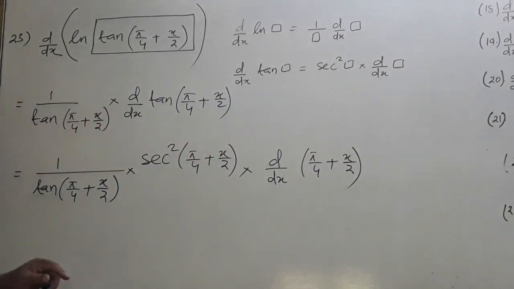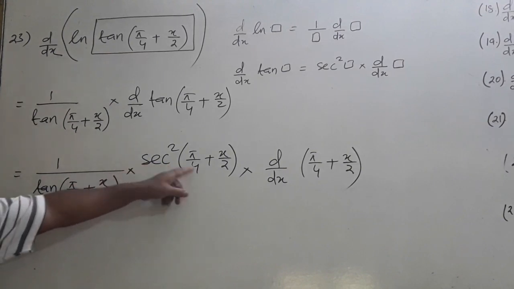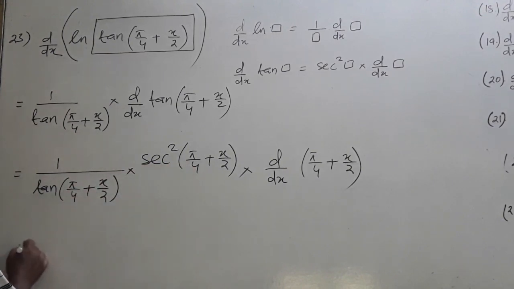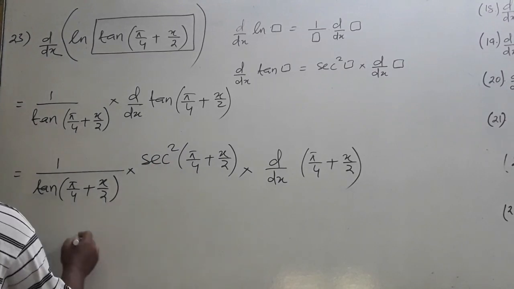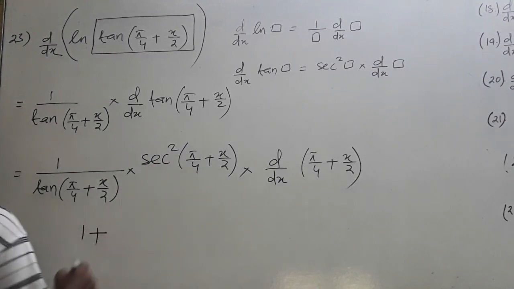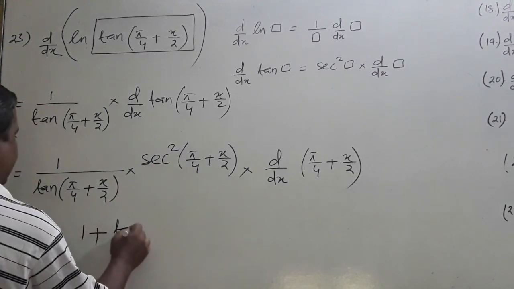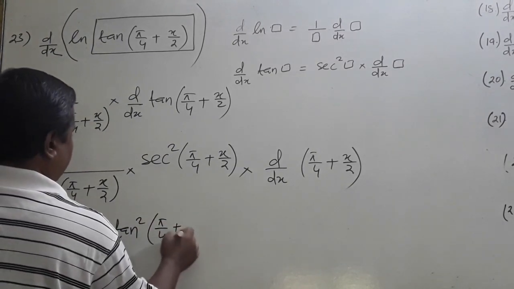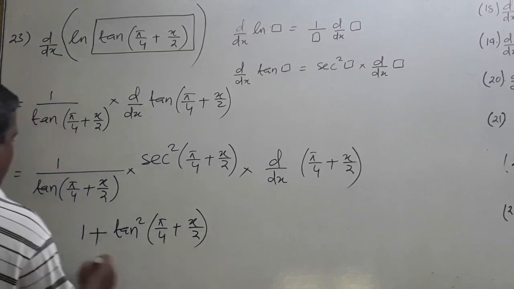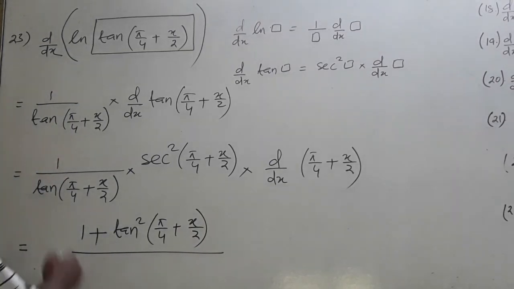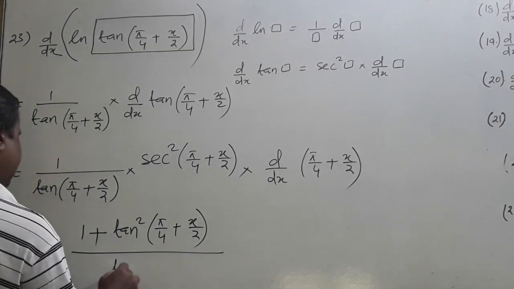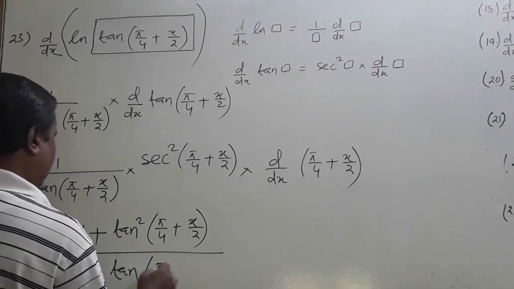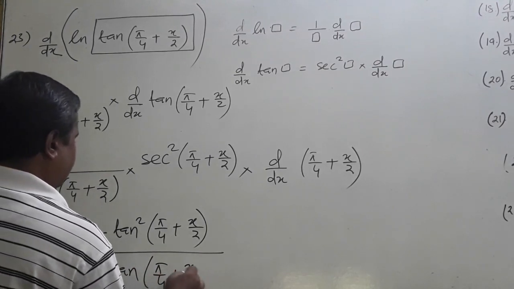Now a very interesting thing is there. What is sec square theta? Now in place of sec square I am writing 1 plus tan square of pi by 4 plus x by 2. Now look at here. What is the denominator here? tan of pi by 4 plus what?